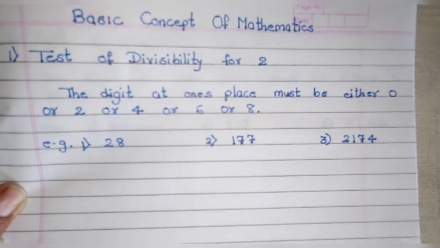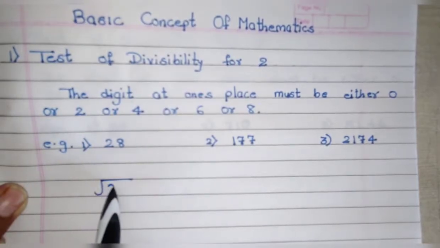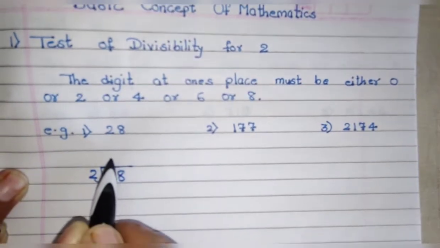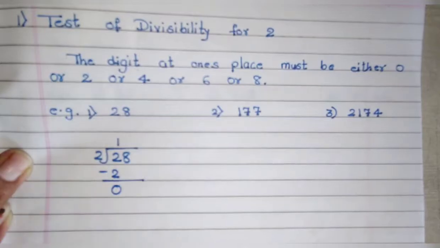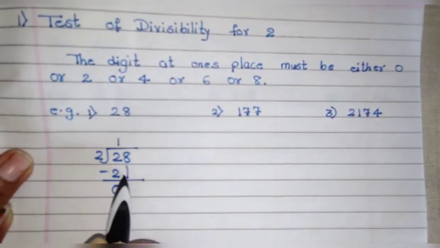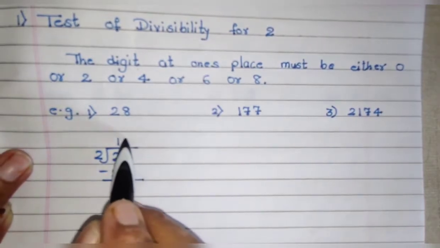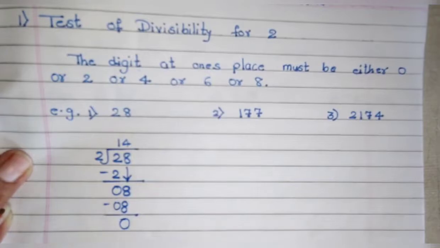Now we want to check whether it is divisible or not. Let us see. When we divide 28 by 2, 2 ones are 2, we did the minus and here comes the 0. Now down comes 8. 2 fours are 8. So here it is 0.